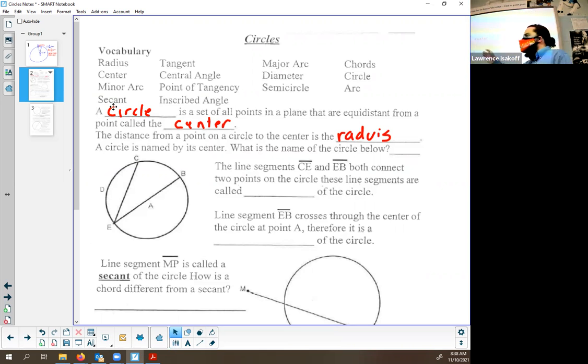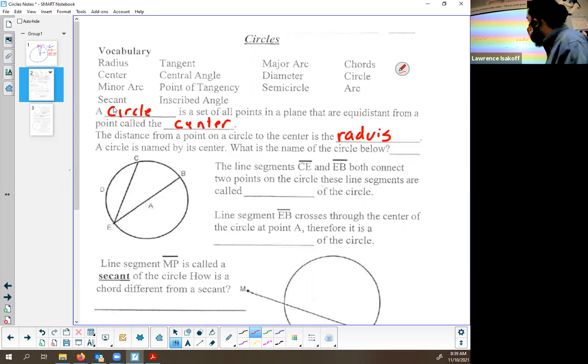So a circle is always named by its center. So if I want to talk about this circle here, what point's at the center of this circle? That will be point A, right? Now it's a little hard to read on the smartboard again. The blank notes are there if you want to read a little easier on your screen. So what's the name of this circle?